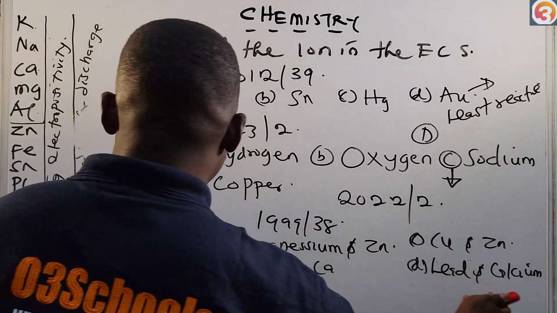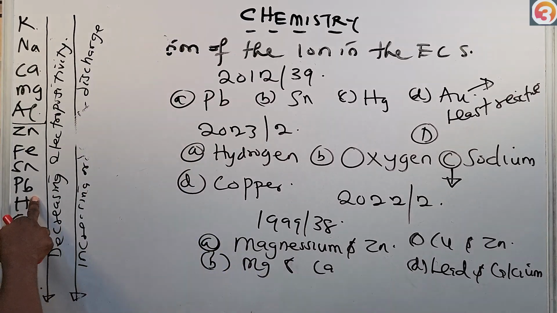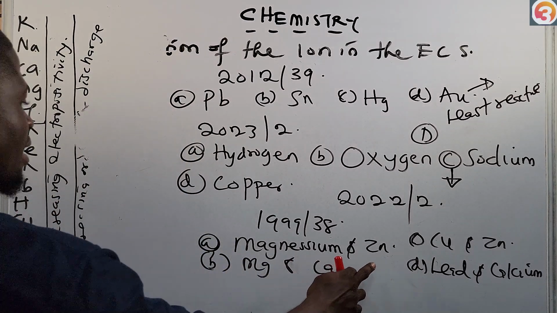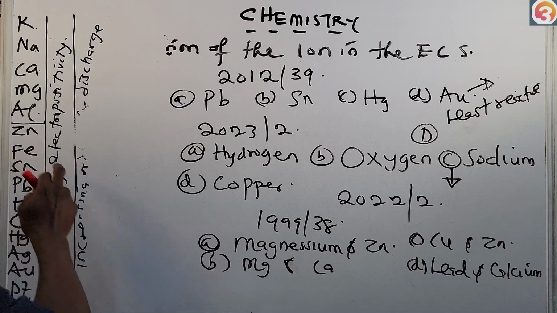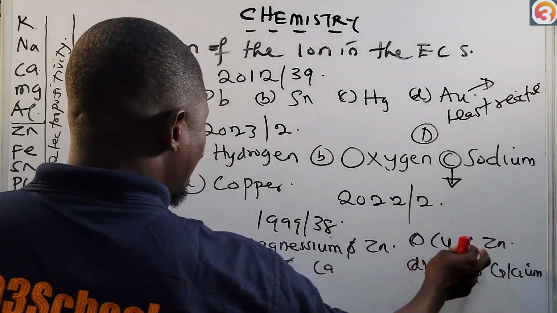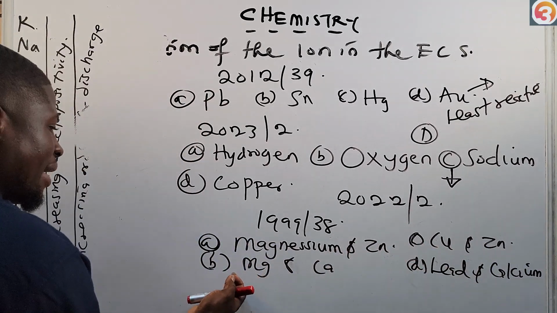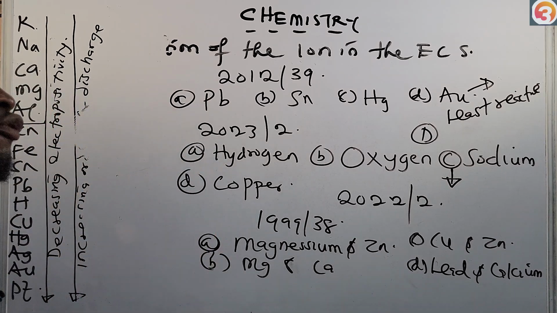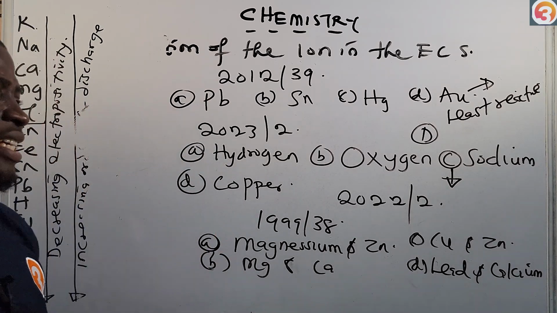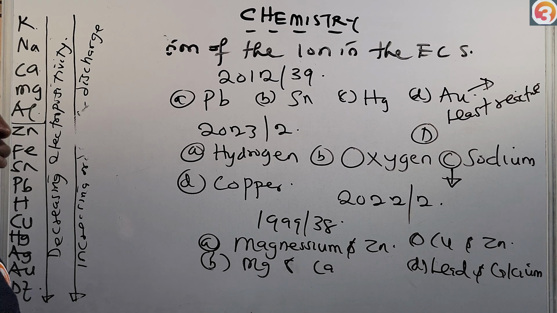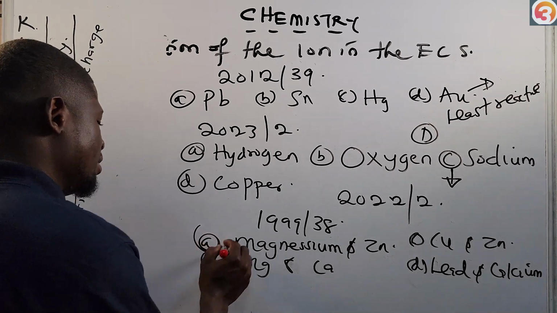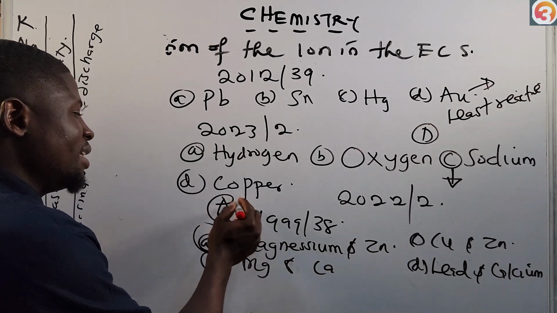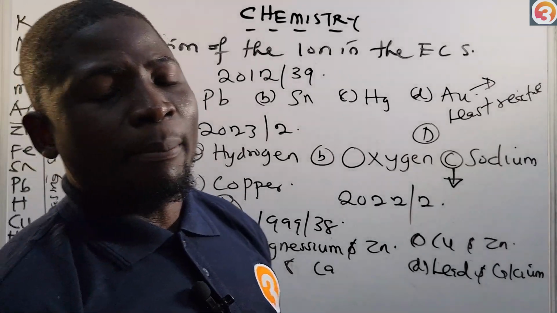You can see lead and calcium. Look at where lead is here, lead is not even close. Look at where zinc is, zinc also appears here. So look at magnesium and calcium. Magnesium is here, calcium is here. They are at the top of the electrochemical series. That is why the right answer there will be magnesium and zinc, option A. They can be easily extracted from the ores by electrolysis.